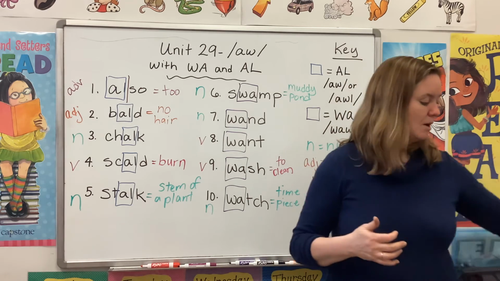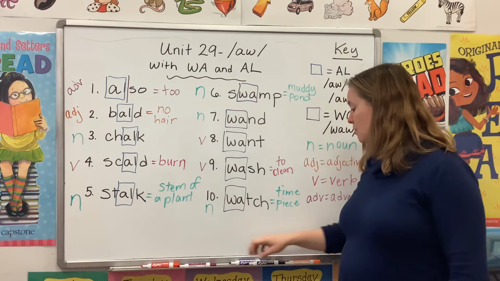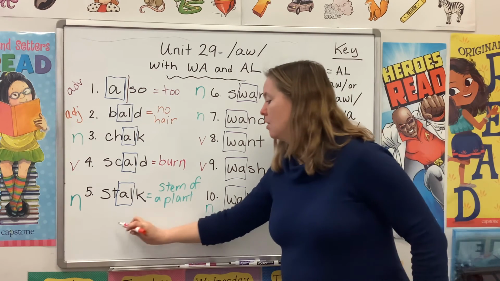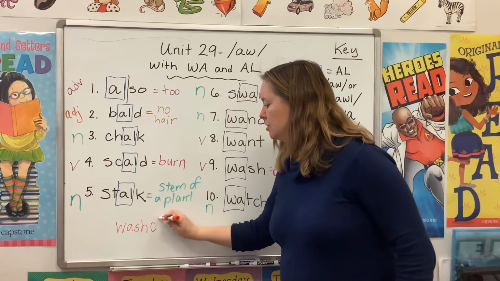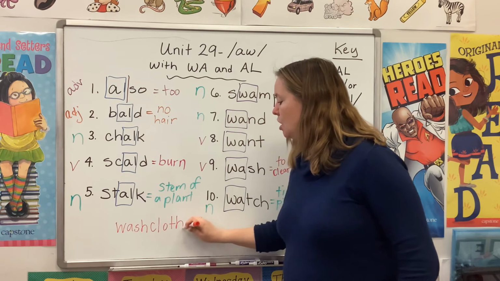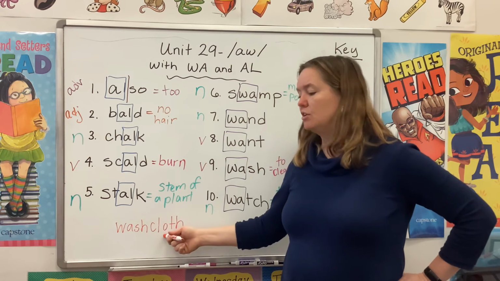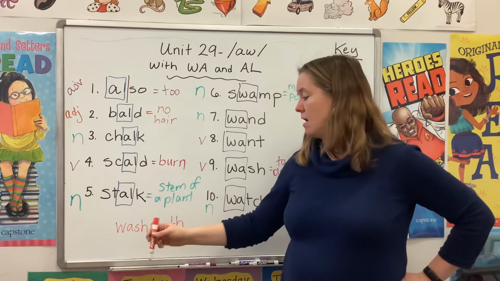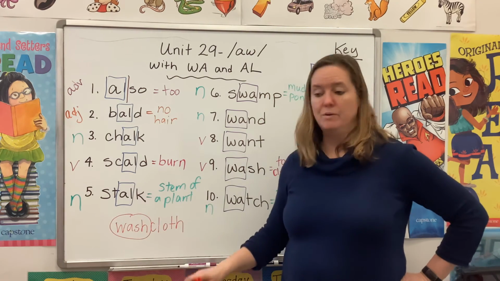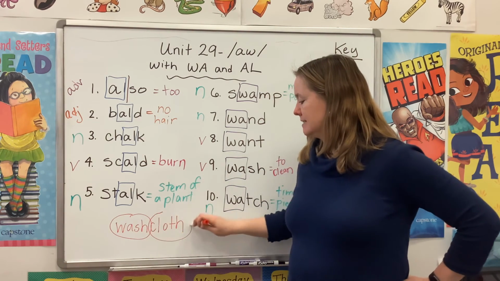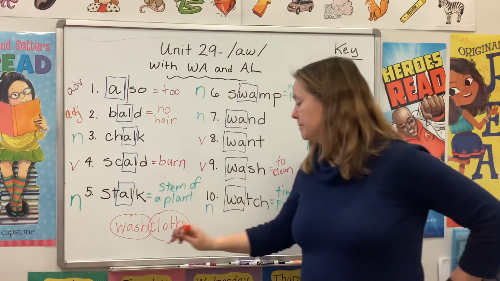Remember, compound words are two words that are glued together. So I can take the word wash, and I can glue it to the word cloth, and I have a compound word, washcloth. It's a cloth that washes. This chunk can stand alone, and this chunk can stand alone. So washcloth is a compound word.